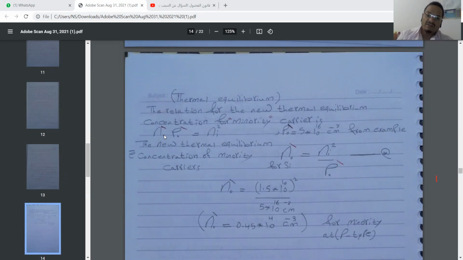That means we can find the last result here. We have this result, and we have the intrinsic carrier concentration of silicon at room temperature. Because of that, N naught, the new electron concentration, equals 0.45 times 10 to the 4 per cubic centimeter for the minority at P-type.